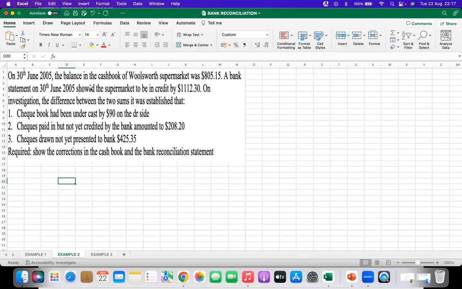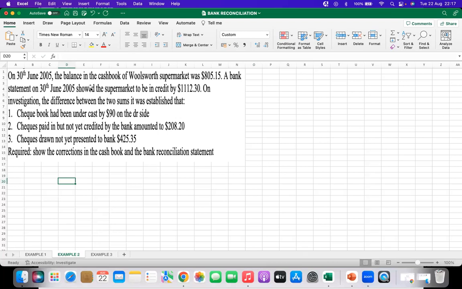On investigation, the difference between the two sums, it was established that, number one, the cash book had been undercast by $90 on the debit side. In other words, the debit side of the cash book was understated by $90. So that is an error which should be corrected in the cash book.